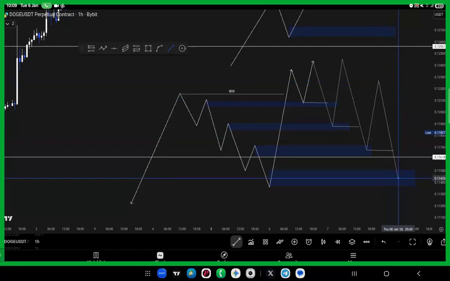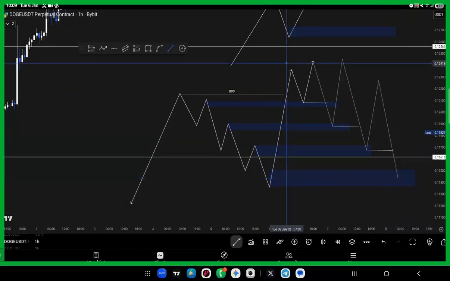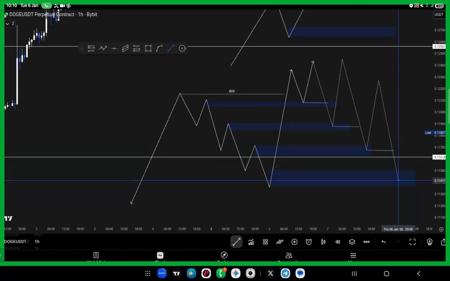Side. So that breaker block, right? So that's for that. So from here, you then see market pushing to the upside.